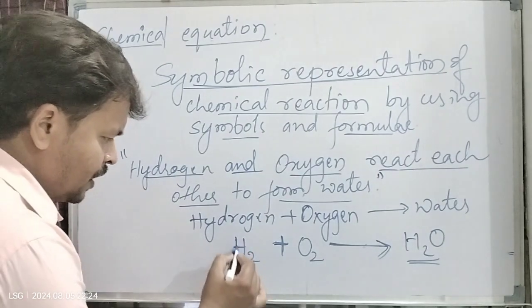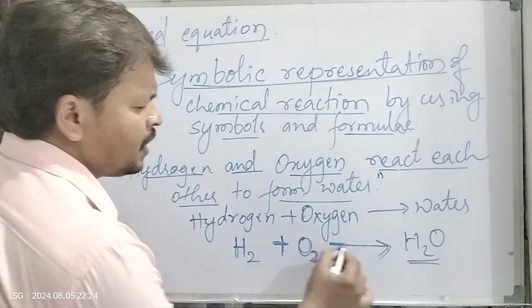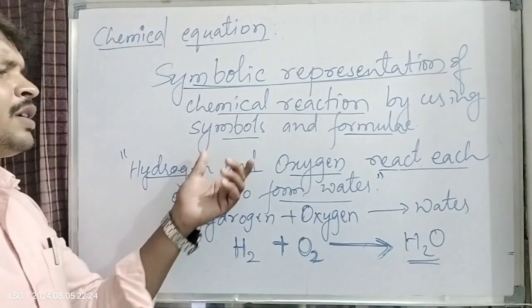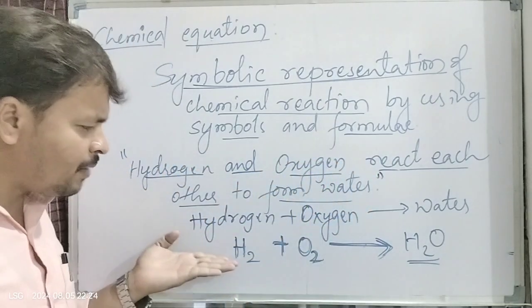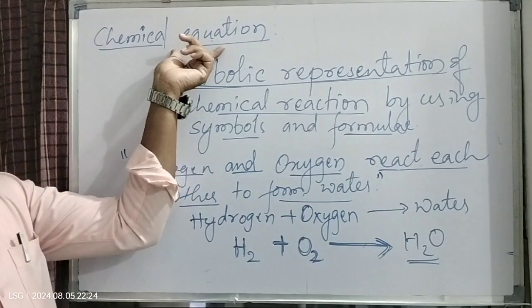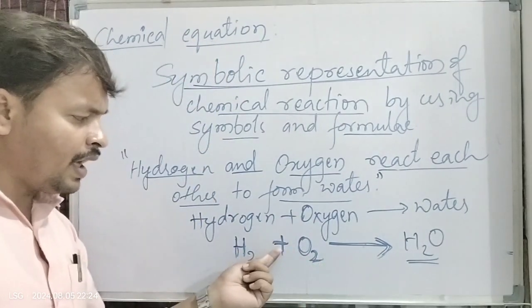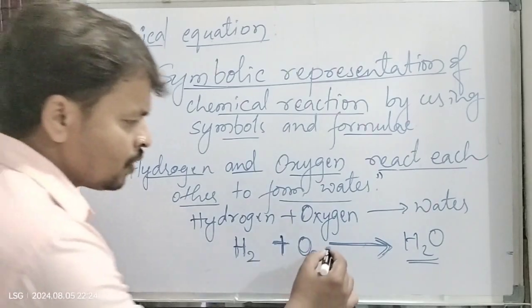It is very easy to show the chemical reaction in the form of an equation. When you are writing the chemical reaction, there is no need to write it as a sentence. It can be written using symbols, and that is called a chemical equation. Hydrogen and oxygen react with each other; the plus indicates they are reacting to form.